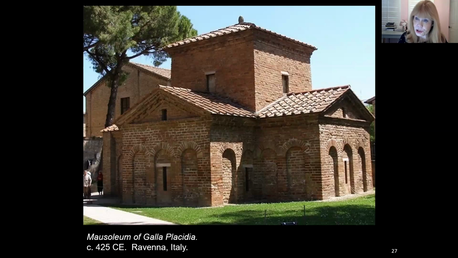And how this will be used in an extraordinary way will be in many of the early churches. Now, this is the mausoleum of Galla Placidia in Ravenna, which has a plethora of beautiful ceilings in tile. And she was a convert to Christianity.